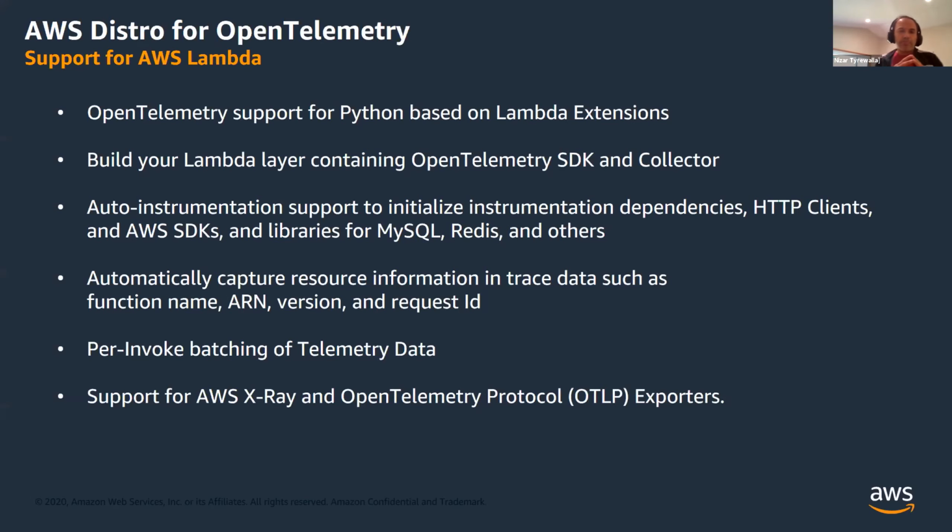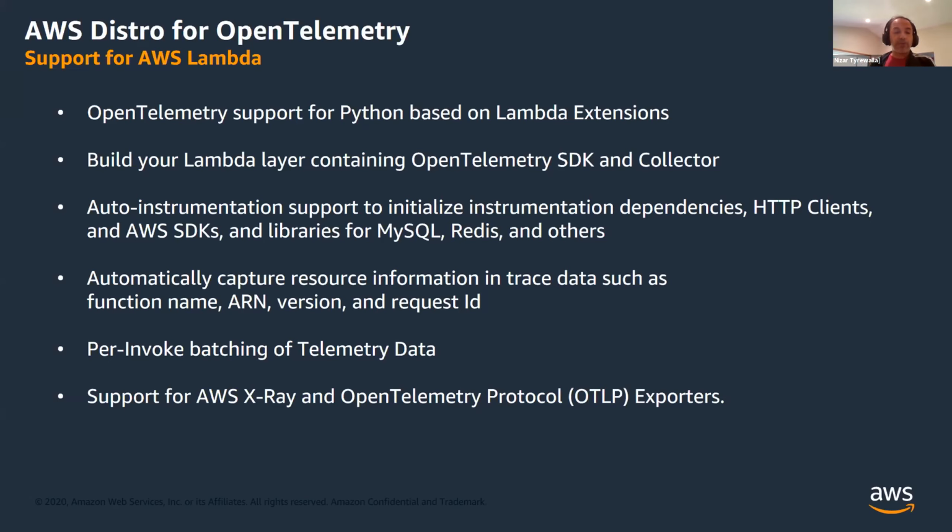So in order to provide support for OpenTelemetry, there were certain nuances and certain things that we wanted to do, which very much aligns with our partnership with Sumo Logic, and you'll see how in the demo that Pawel gives. To add support for Lambda, today we have support for Python, and it's based on Lambda extensions. Lambda extensions was launched in preview sometime at the end of last year, and it helps customers bring their own agent in summary.